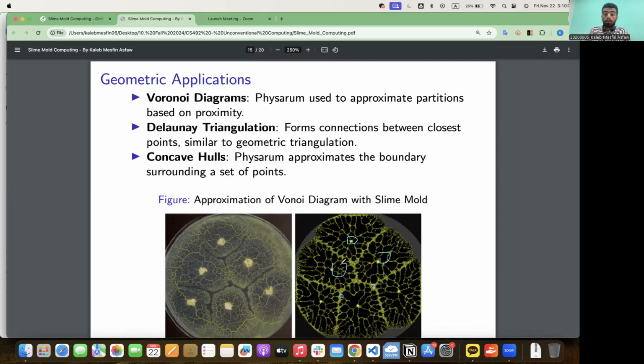And when two wavefronts of the slime mold expansion meet, this is considered the boundary of the required Voronoi diagram. The network boundaries between the different fronts of the Physarum were proved to approximate the edges of the Voronoi diagram.